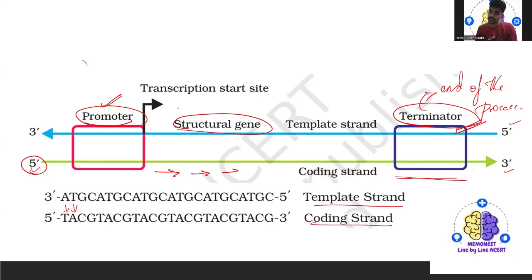How the template strand and coding strand work, how the genetic information is copied from one strand of the DNA into the RNA, and from the RNA how the proteins or mRNA are synthesized. That is what we are going to study in transcription.